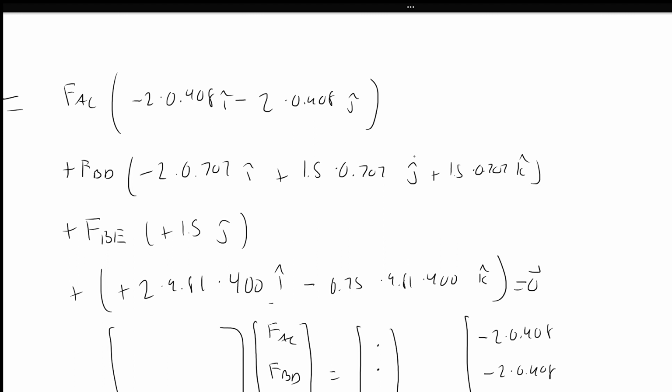All the F_BD terms go in the second column: minus 2 times 0.707 (I should use parentheses), plus 1.5 times 0.707, and then plus 1.5 times 0.707. One more: this last one, 0, 1.5, positive 0.